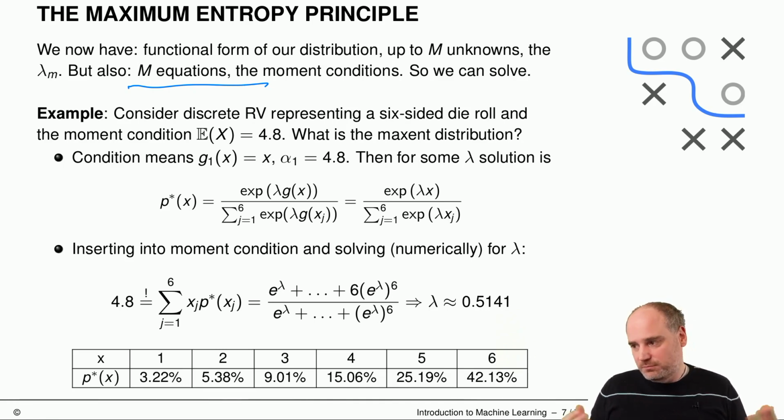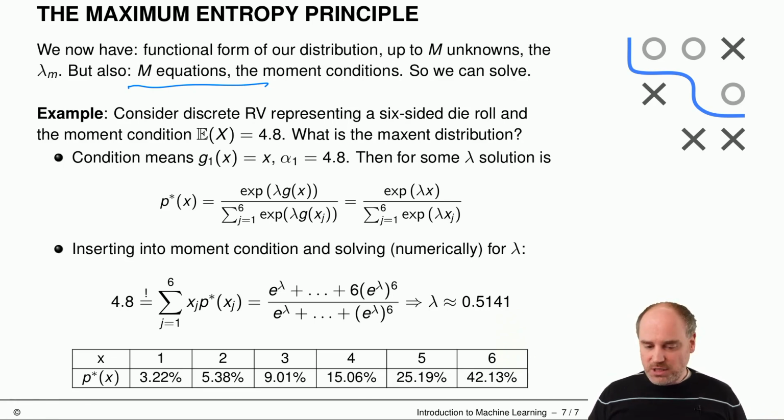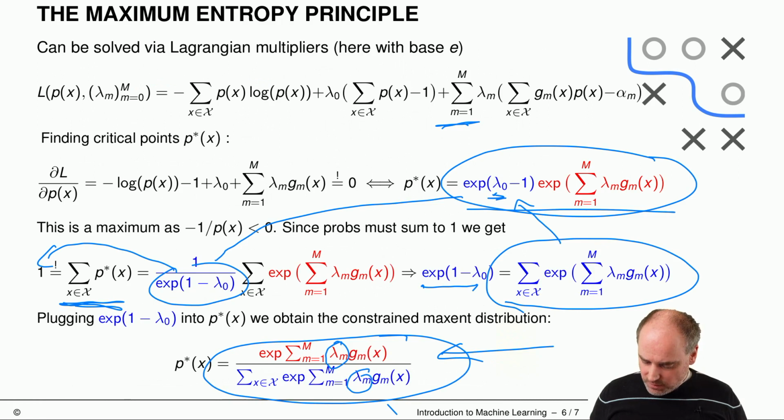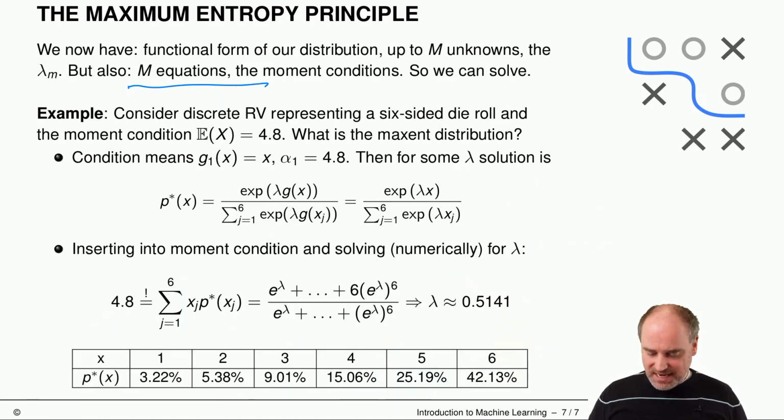You can use something like the Newton algorithm to numerically solve that. So you get all of these variables, these lambda m's. Then you can insert them into this functional form, and then you really have the exact specification of your probability mass function.